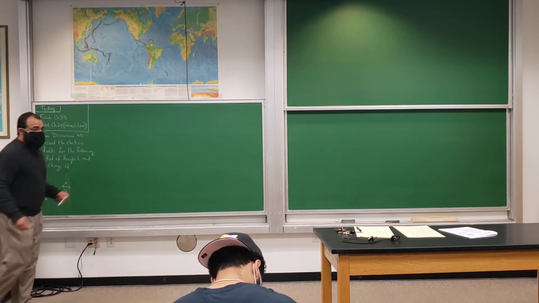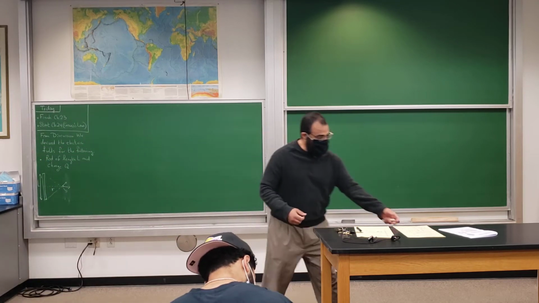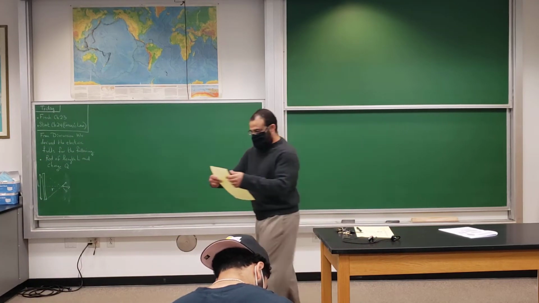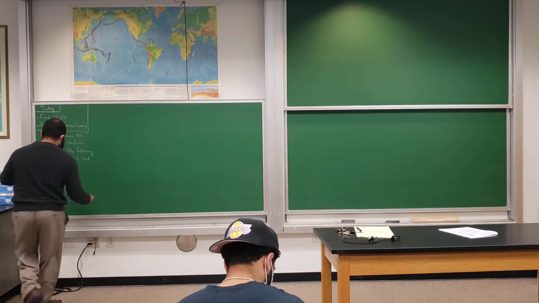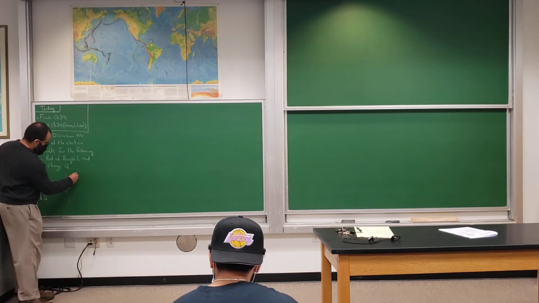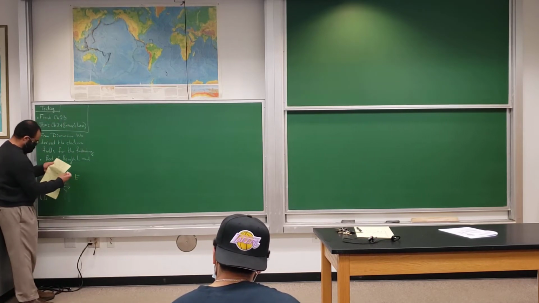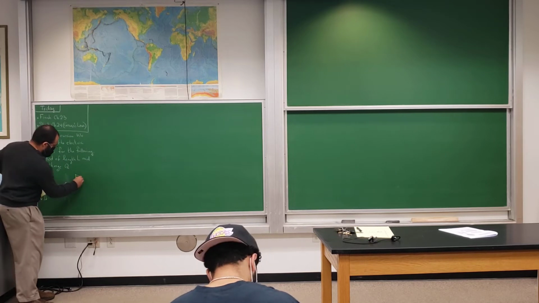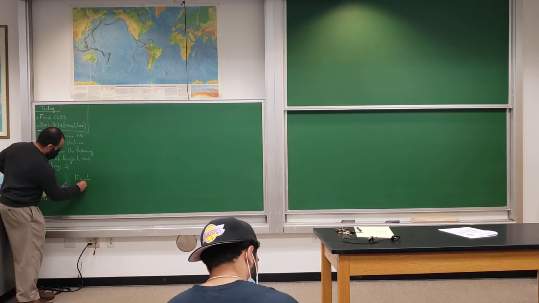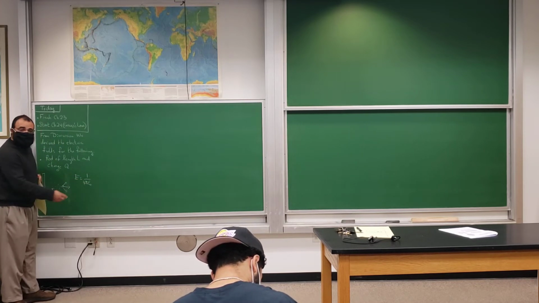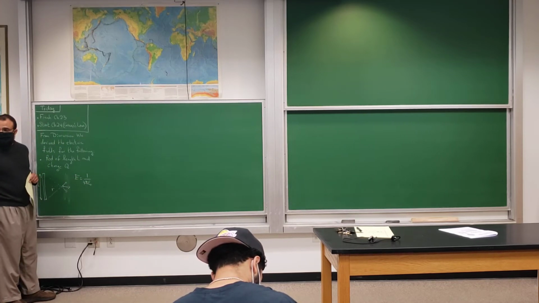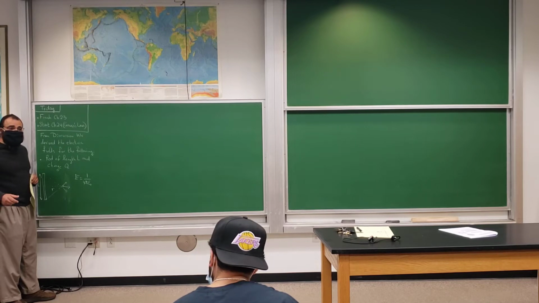Okay, so what was the result? Well, I will write it down. It's not something I memorize. For this part here, the electric field is equal to 1 over 4 pi epsilon naught. Again, 1 over 4 pi epsilon naught is also known as K, and it's basically 9 times 10 to the 9.